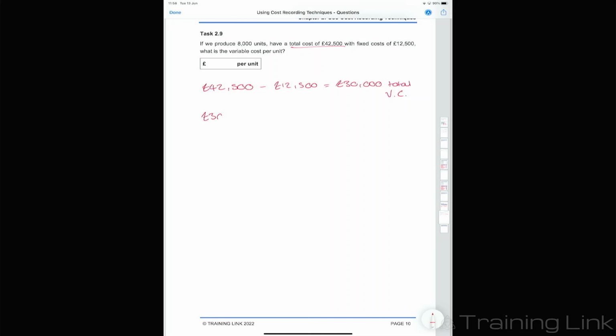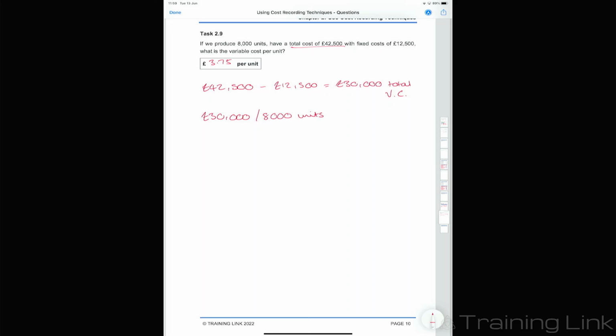Now that we have that £30,000, we know that 8,000 units have been produced. So we can divide that figure, which should give you £3.75 per unit. Okay?